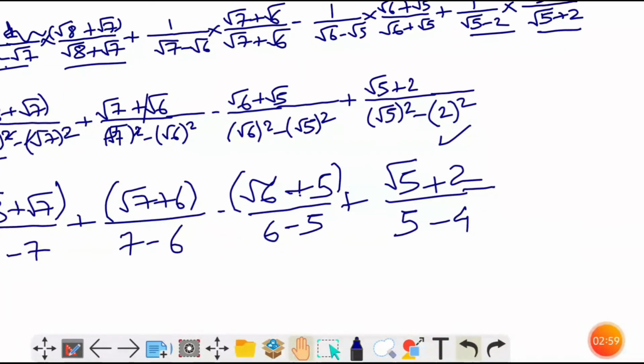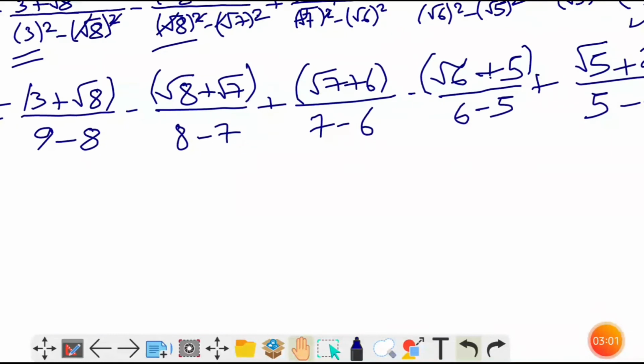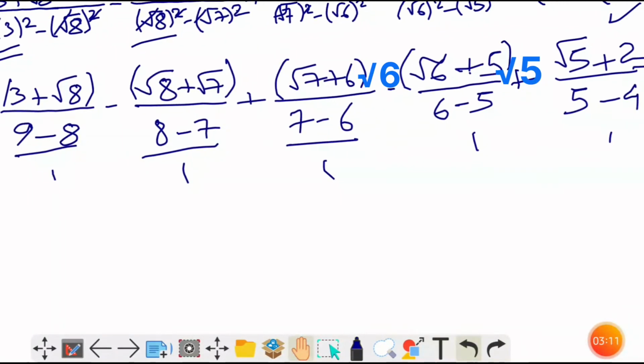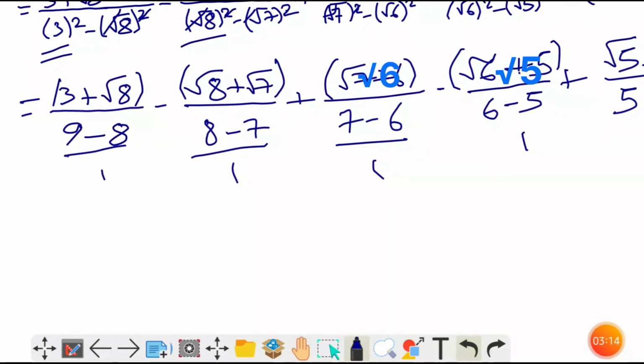The next step, as you can see in the denominator we have 1, that is 9 minus 8 is 1, 8 minus 7 is 1, all are 1, so no need to write the denominator, only we'll write the numerators.